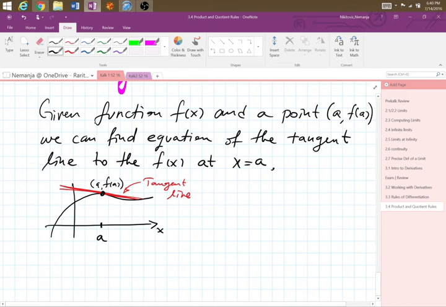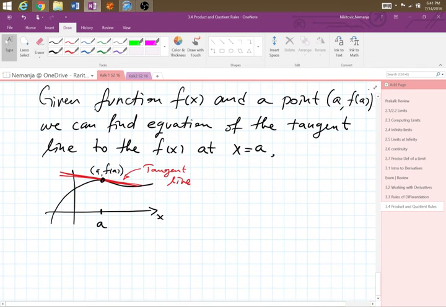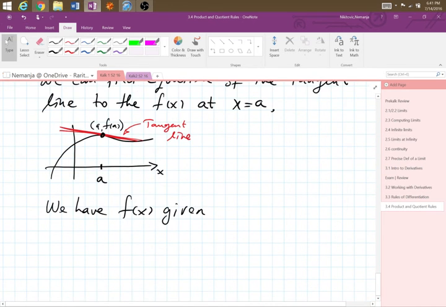So now we are going to take a look at this procedure. The procedure goes like this. We have f of x given. We find f prime of x.